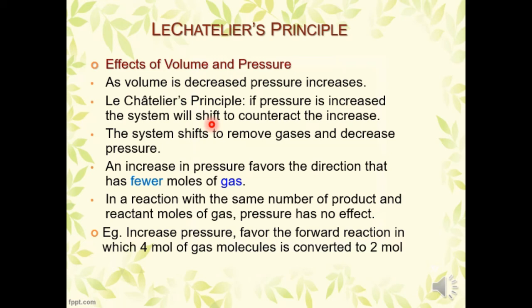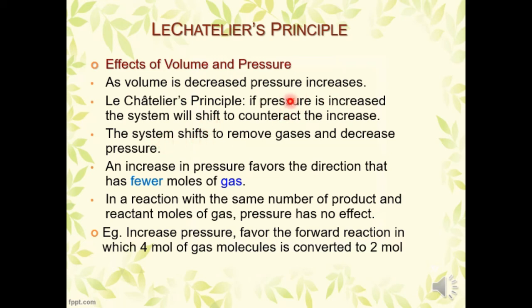Remember, pressure is one of the factors that will change the position of the equilibrium, but it won't change the value of the equilibrium constant. It changes the position. So according to Le Chatelier's principle, if the equilibrium is disturbed, it will counteract the disturbance.